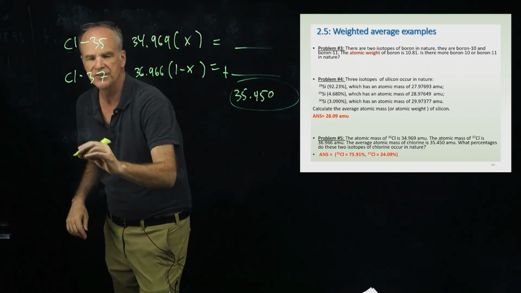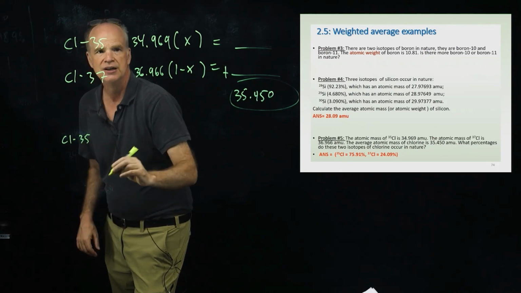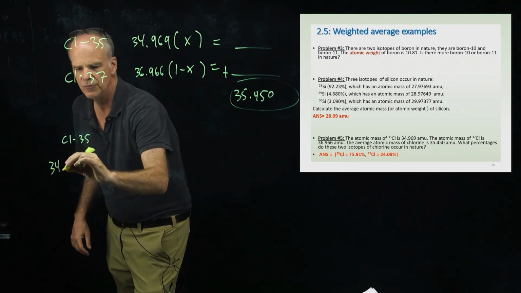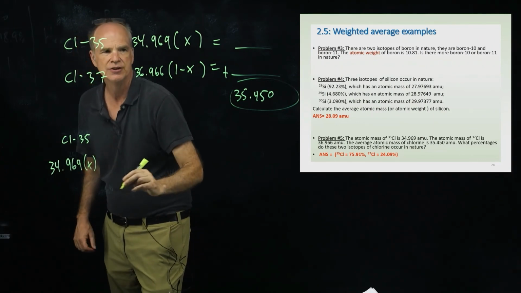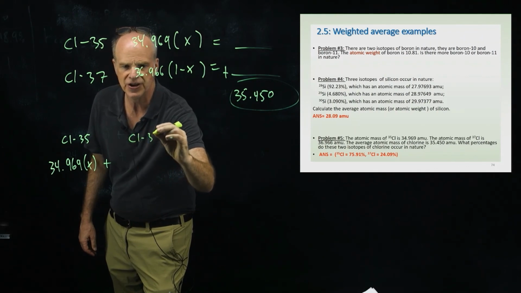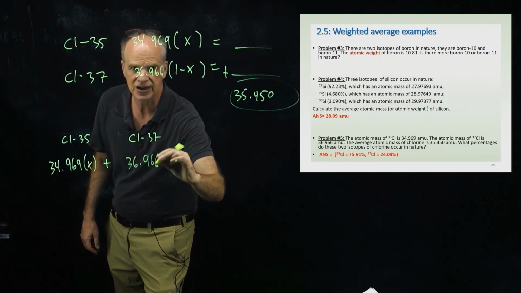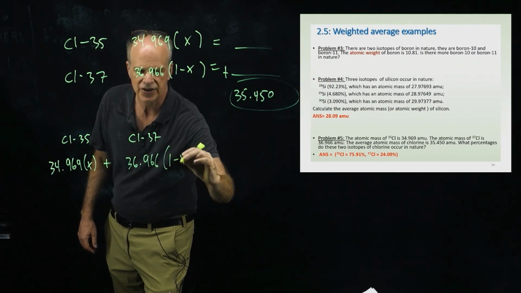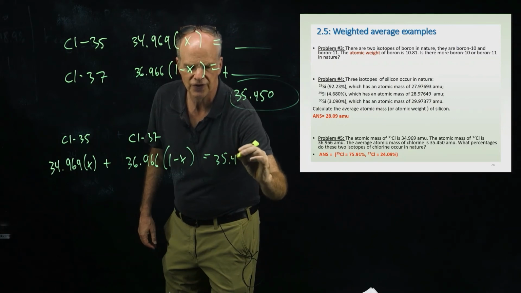So here I'm going to write out the information for chlorine 35. So it's 34.969 times X. And then we're going to add it to the information for chlorine 37, which is 36.966 times (1 minus X) is equal to 35.450.